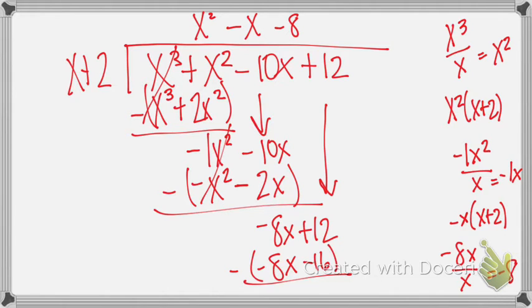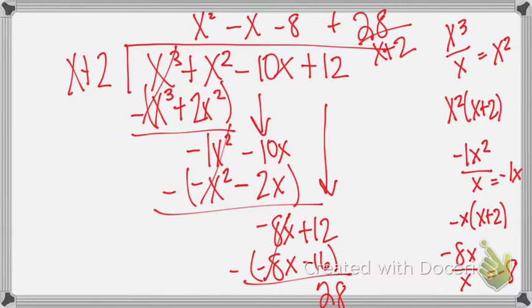When I subtract, this goes away, but these two negatives make a positive. So I have 12 plus 16, and that's 28. So that is my remainder. So it works both ways.